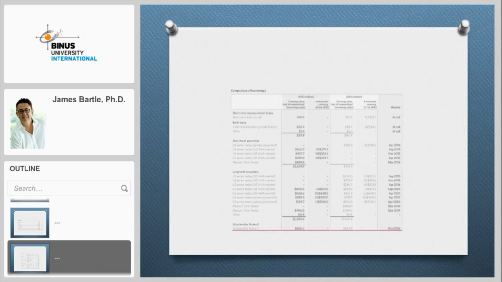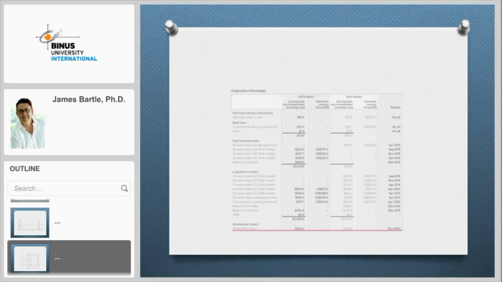They don't technically carry any interest. And then we've got all the other longer-term securities, which are called senior notes, that would be classed as carrying interest. They're the ones that had those interest rates that we saw a little earlier on. We're going to use those interest rates when we calculate the cost of debt for Woolworths. It's always quite interesting too, just as a side note, that when you look at this composition, you find from year to year that the composition of debt changes.